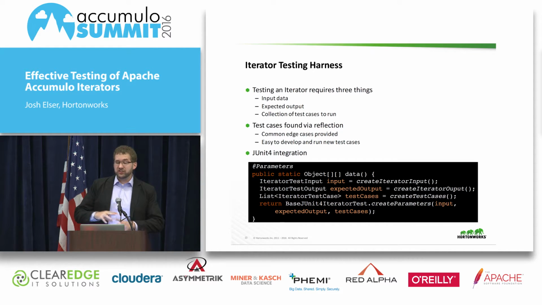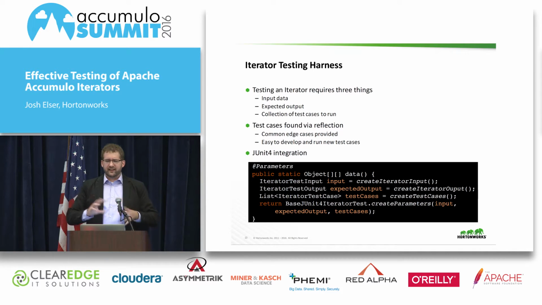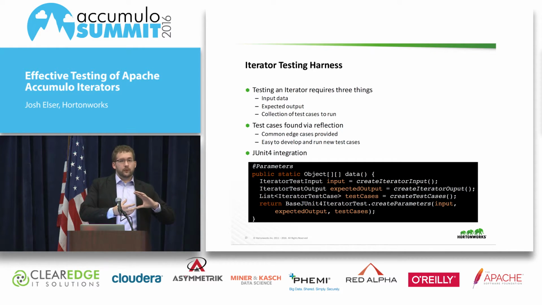Finally is a collection of test cases which the framework will run your iterator over your data and invoke these test cases on. By default, this will be picked up dynamically off the class path. So if you include the testing harness jar, you'll get 6 to 10 test cases automatically which will be invoked.